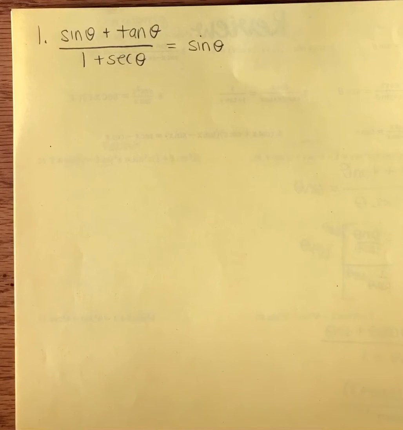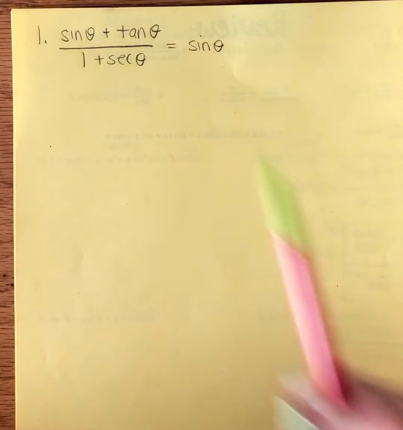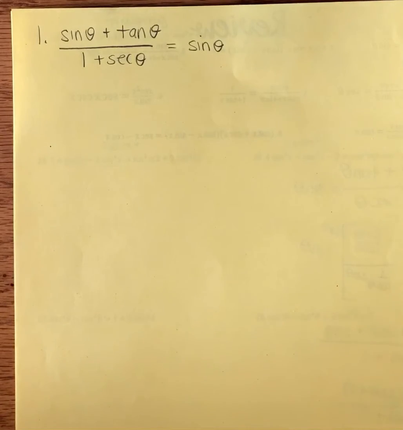Now, let's say you did the other method first. It's fine. You cross it out when you realize that you can't get any further and you can't get your identity to equal the sine. You cross it out and you start over, and then maybe you use this method that I'm going to show you right now.